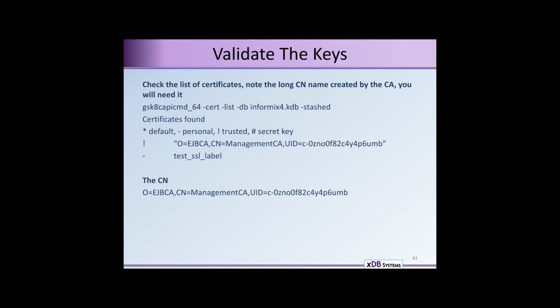It's actually longer, I truncated it somewhat, but it'll be a big whole long string for the certificate authority's trusted certificate. And then the second one is our own internal server-based certificate that we had before that now the certificate authority has signed and sent back. So again, the CN is that big long string for the certificate authority.